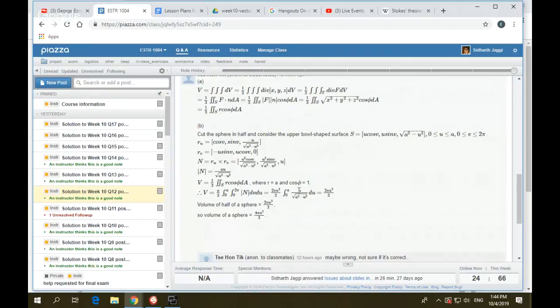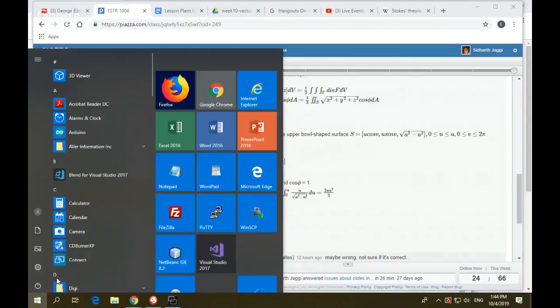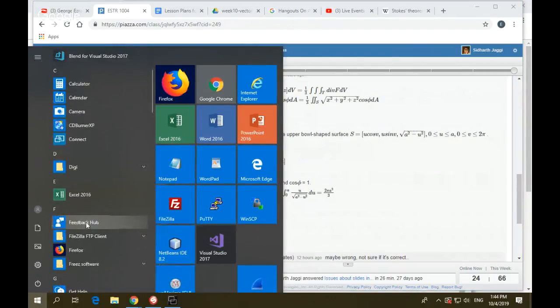what is this? I've forgotten. Do you remember what the integral of a over square root of a square minus u square is? The definite integral is 2 pi a square, but the indefinite integral is arc sine. Okay. Square root of a square minus u square.